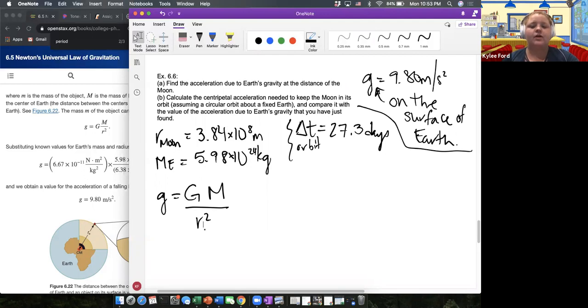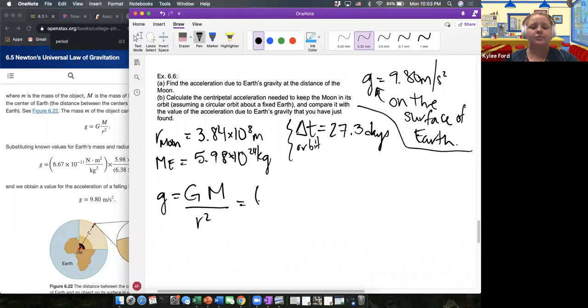Our distance from here to the moon is going to be 3.84 times 10 to the 8th meters, and our mass of the Earth is going to be 5.98 times 10 to the 24th kilograms.